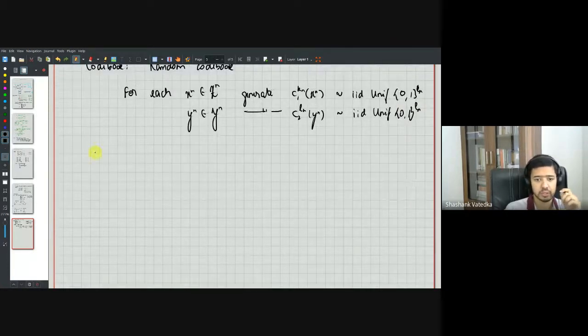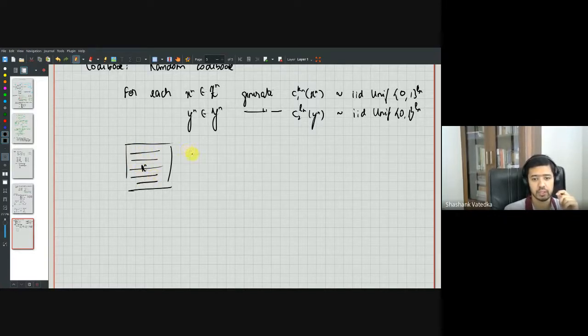So basically what are we doing? We have the set of all possible xn's, and corresponding to this, the encoder has to identify the code words. So this is xn, this is C1 kn. Encoding corresponds to just populating this table, and this table is populated uniformly at random.